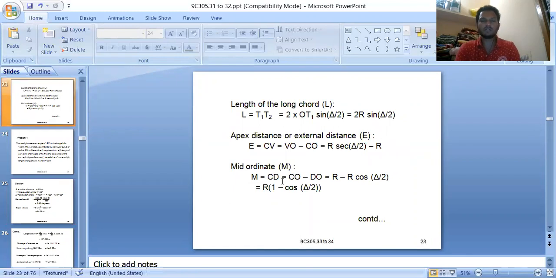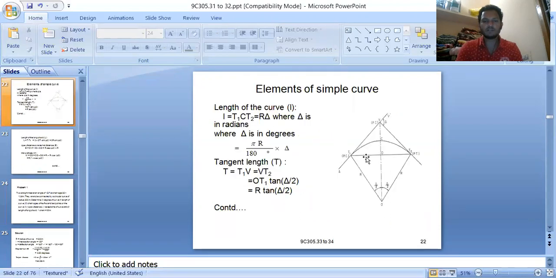Length of long chord is nothing but T1T2, which is 2 times OT1 sine delta by 2. From this triangle, we will get the OT1 value. If you want to calculate the total length of the long chord, we have to multiply it by 2 because we have two halves of the long chord here.